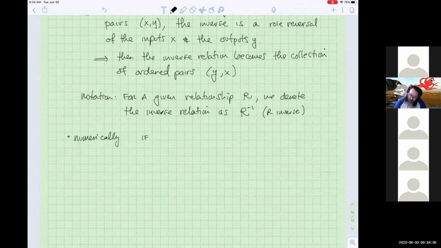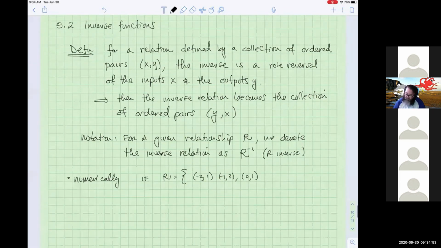Numerically, if R is the collection of points (-2, 1), (-1, 3), (0, 1), (1, 2), (2, 4), then R inverse is the role reversal.